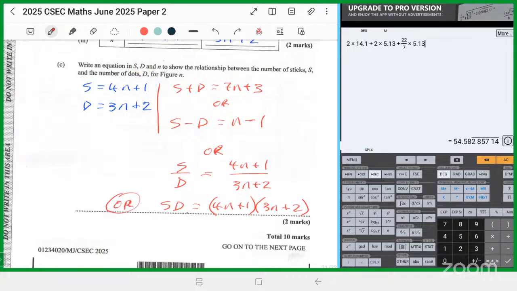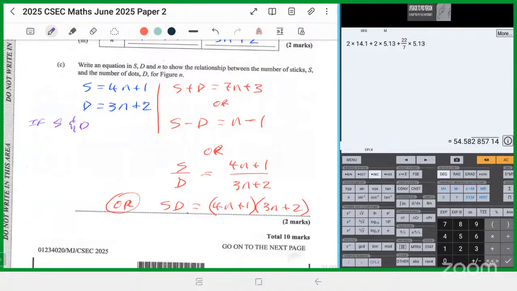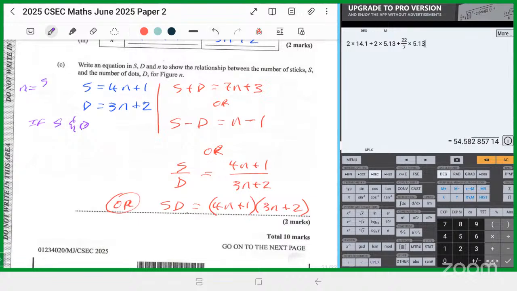So let me put it in purple. If I wanted just an S and D relationship, then what we'll do is make N the subject of this one and this one. The N here would be S minus 1 over 4.